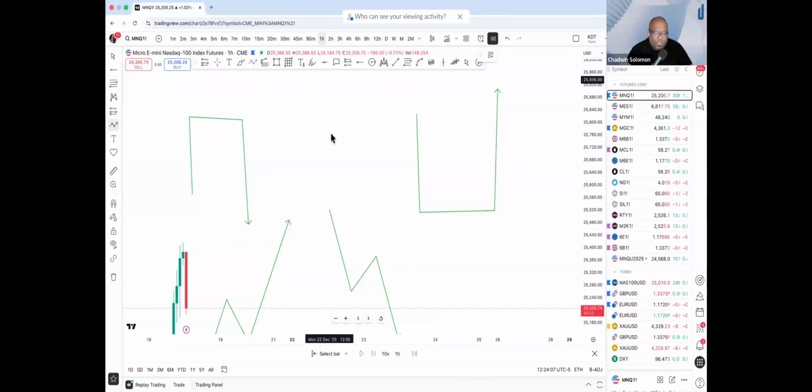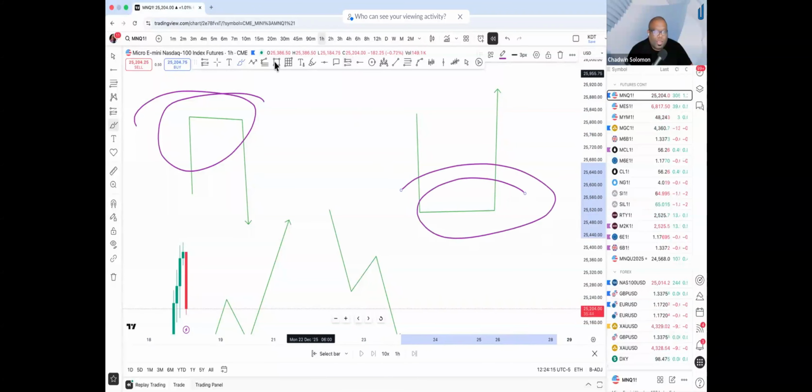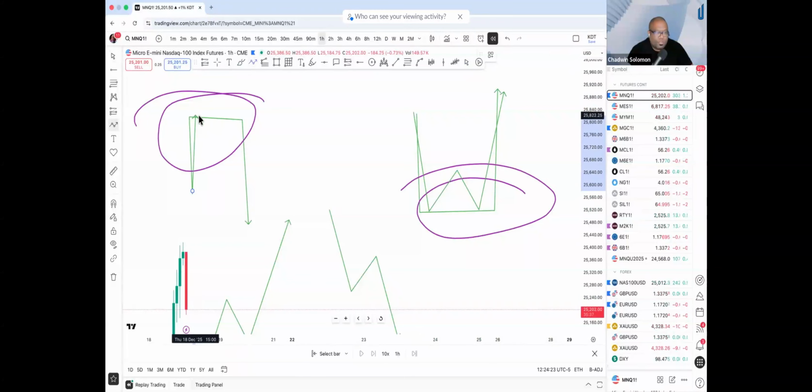Now, how do we know that this one is good? There we go, Jose. These on a lower time frame are trend reversals. W's and M's. And where do we like to trade the trend reversals? Where do we like to trade the trend reversals, everyone?